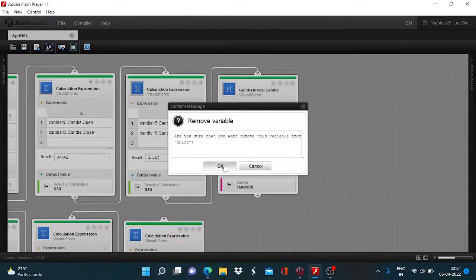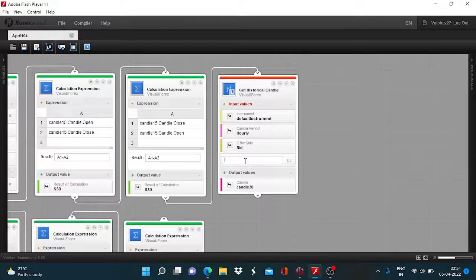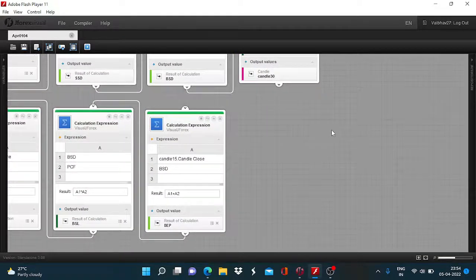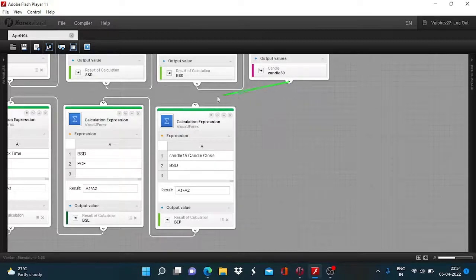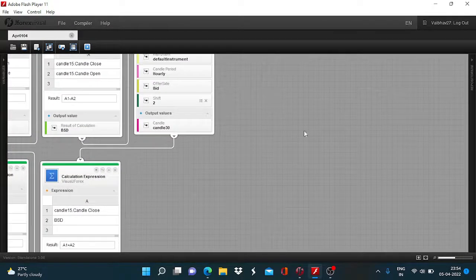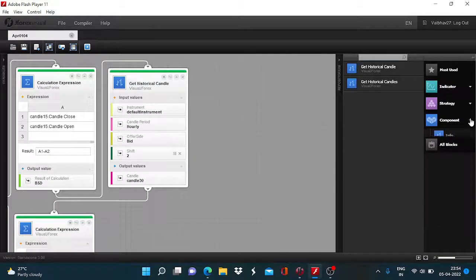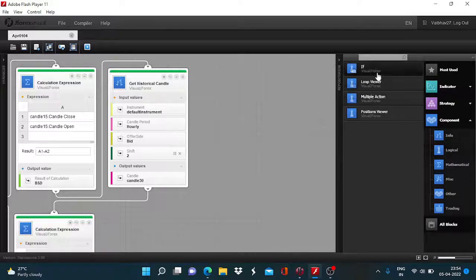Look back period also needs to be changed to 2, and then I join it here. So the condition that needs to be defined, we will add it using the logical components if block.